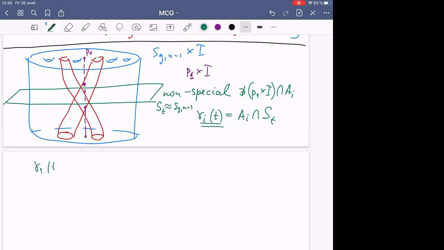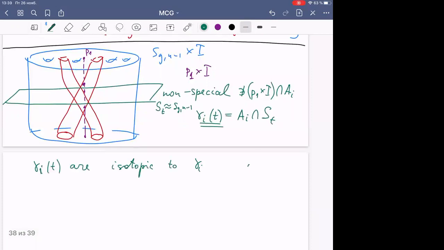These simple closed curves are isotopic to the original curves, but they are isotopic in S_{g,n-1}. If we now add this puncture P1, then gamma I of t do not pass through P1.